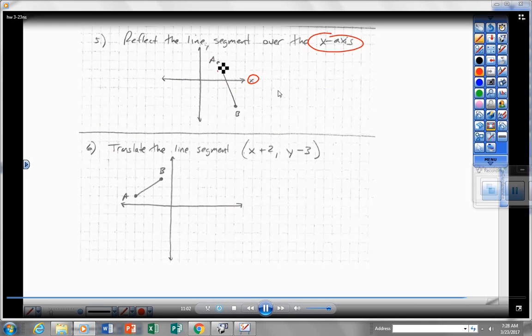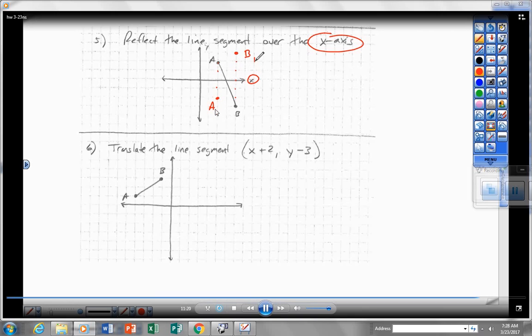Alright, next problems. For a reflection, I'm going to reflect it over this x-axis. Reflection means you go equal distance straight across the line of reflection. So A is 2 points above. The new A for my image is going to be 2 boxes below. The new B, 3 boxes below the line of reflection, the new reflected point, 3 boxes above.